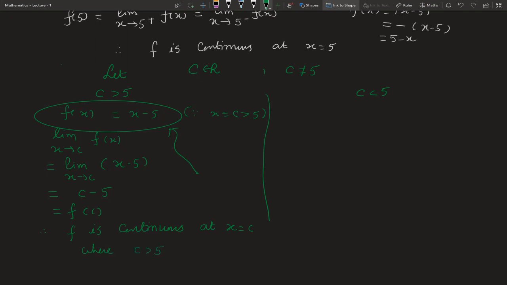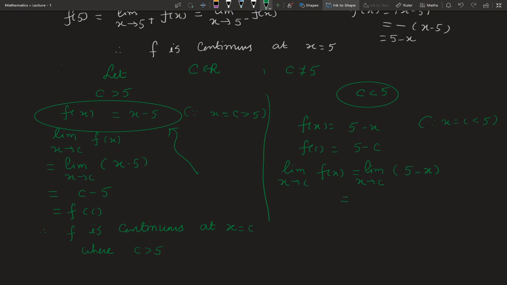Now let us check continuity for C less than 5. Then f of x equals, as we have discussed, the value of the function 5 minus x, since x is near C less than 5. So f of C is 5 minus C. Limit as x tends to C of f of x is limit as x tends to C of 5 minus x.